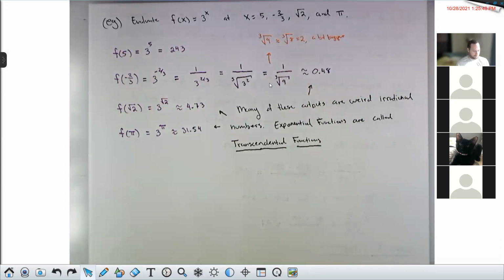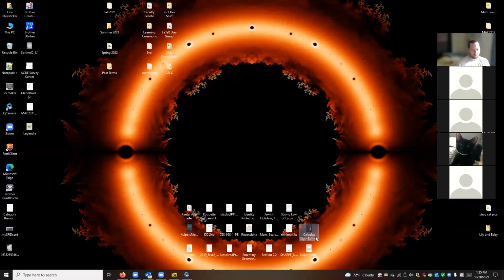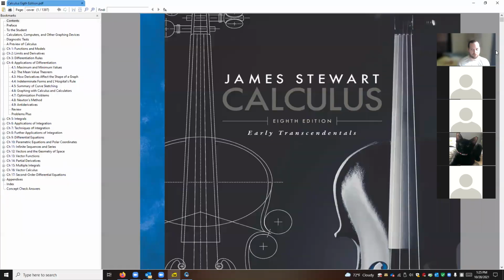Let me show you something in the calculus book here. So here's the book we're using to teach calc right now at Santa Fe, also the same book we use at UF. You'll notice it says on the cover here, early transcendentals. What that means is they introduce transcendental functions early on. Things like exponential functions, sines, cosines, logarithms.